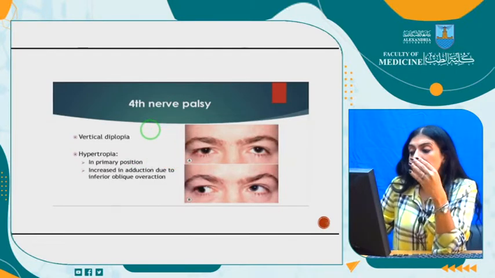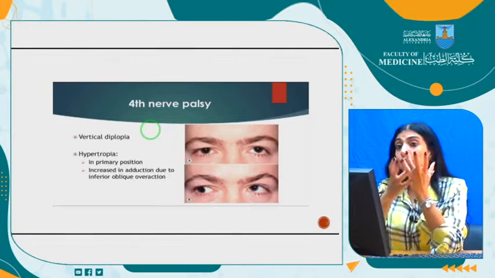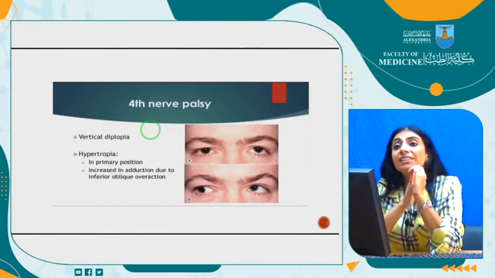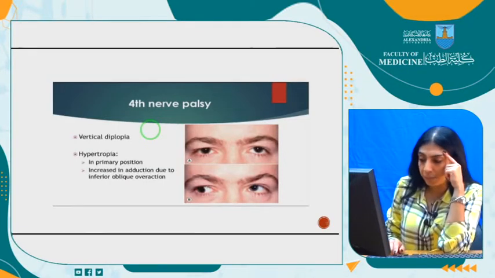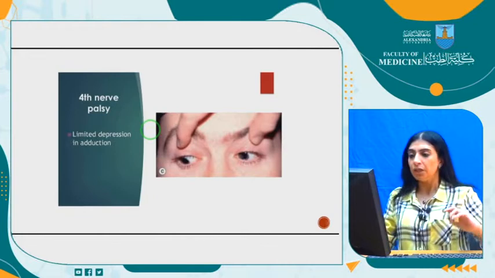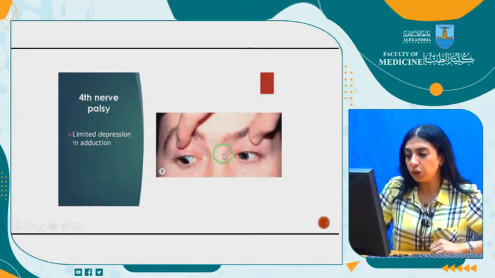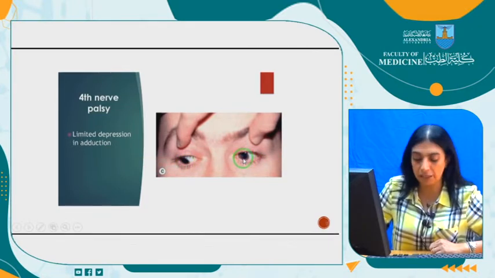And as long as the superior oblique is affected, its antagonist, the inferior oblique muscle, starts to act more. So there will be excessive elevation in adduction due to inferior oblique muscle overaction. If we revise this picture, you will see that the patient has limited depression in adduction.